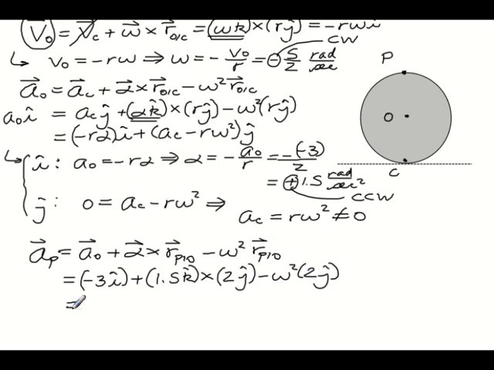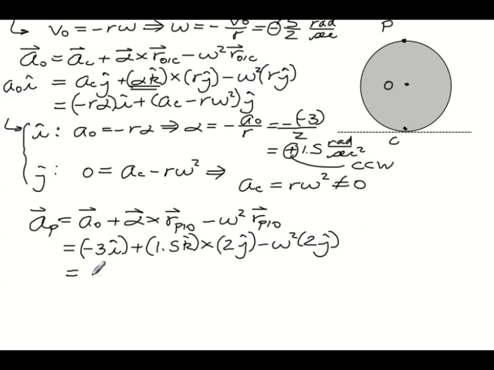So whenever I do my cross product of k with j, combine it with the other terms, I get minus 3. I get a k cross j, again we said was a minus I, so that's a minus 3 again. And the j component is going to be 2 times omega.